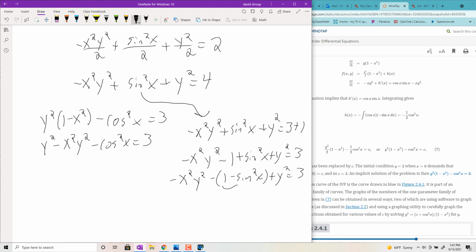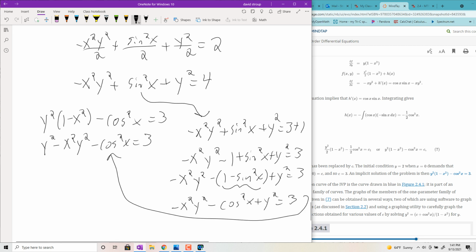And then the Pythagorean theorem, the Pythagorean identity, what do they call those? Anyways, that thing is going to be cosine squared, right? Because we know cosine squared plus sine squared is 1. So this would be minus cosine squared x plus y squared equals 3. And certainly my answer is the same, so no big deal.